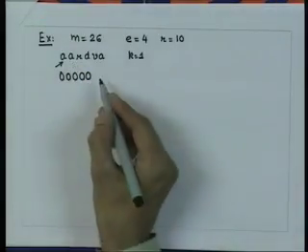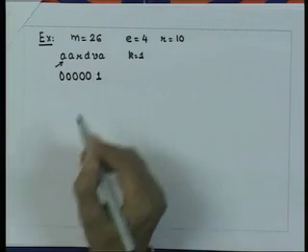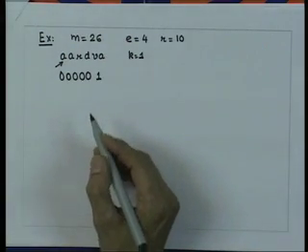So, for the next A we transmit or encode it as 1.